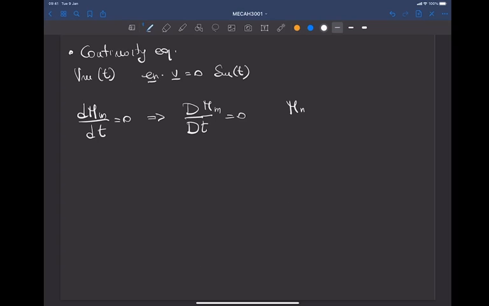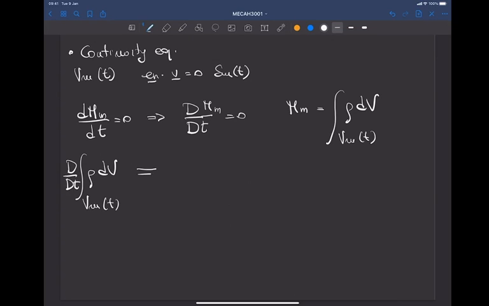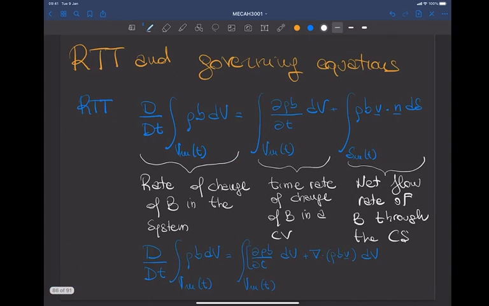And this mass is simply the integral on the volume of rho dV. So now if I plug everything together, what I have is the integral over VMT, with a d over dt, of rho dV, and now I apply the Reynolds transport theorem, the one that we just saw before on this page.